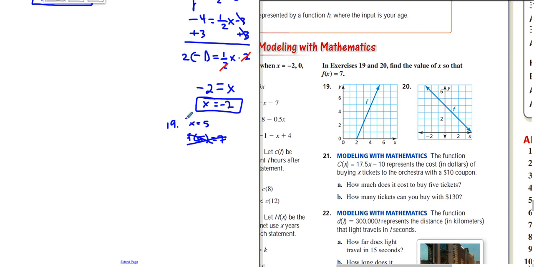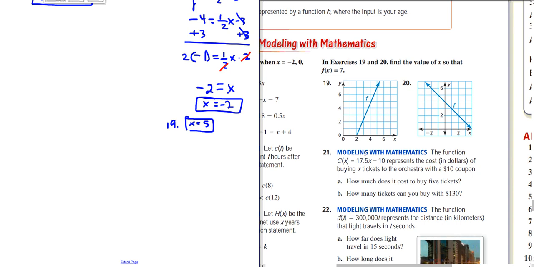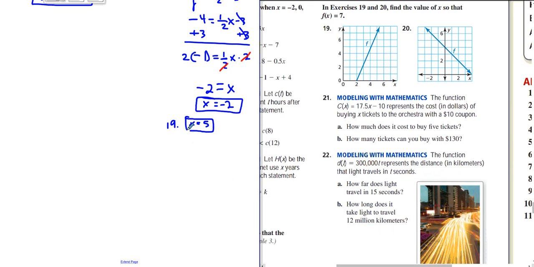Number 21, this is a word problem. So on this one it says the function c of x, let me just write this down, c of x equals 17.5x minus 10 represents the cost of buying X tickets to an orchestra. So X tickets, X is the number of tickets.